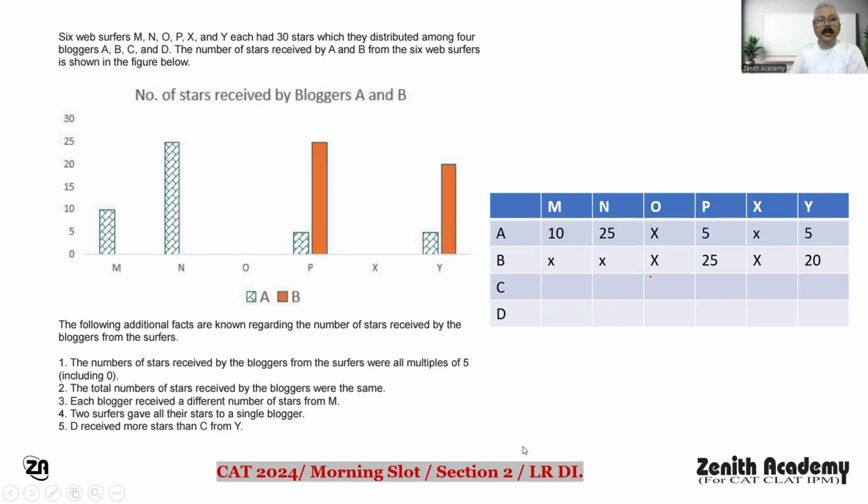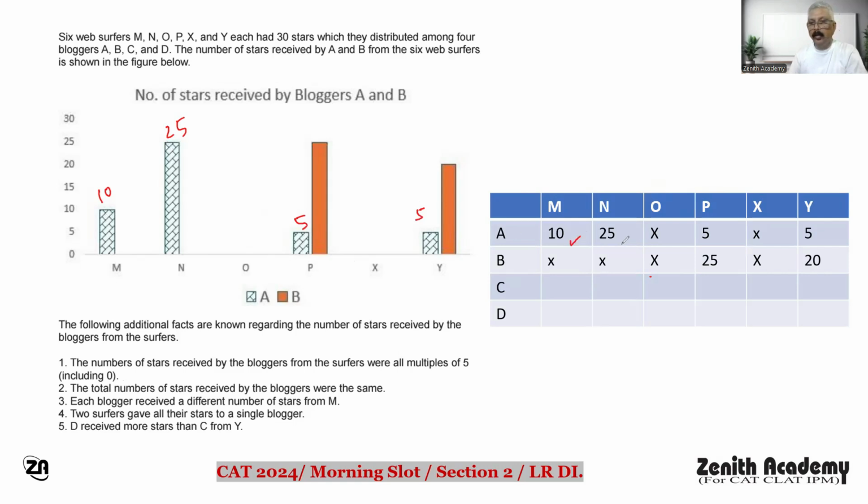Look here. The number of stars received by the blogger A and B is given here. So this is for A and it is for B. A received stars from web surfer M, 10, from N, 25, and from P, 5, and this is 5.